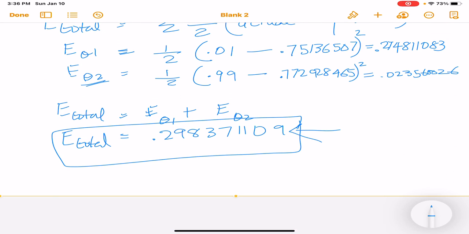So what backpropagation does is change or adjust these weights so that my total error becomes minimum. That is what backpropagation does. And let's see how backpropagation works with this same example.